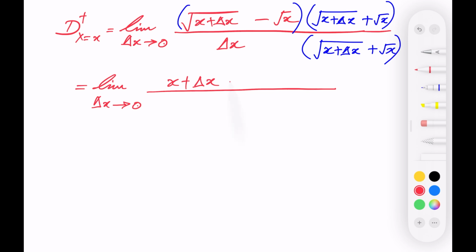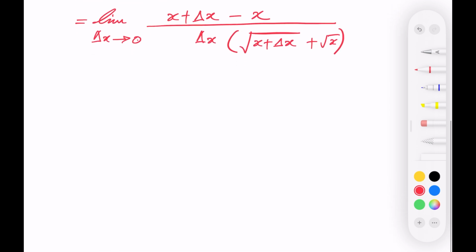That minus b squared, b is equal to square root x. Therefore, b squared should be square root x squared, which is just x. In the bottom, I have this delta x term, and also I have all of this term. Therefore, I will write delta x times square root x plus delta x plus square root x.